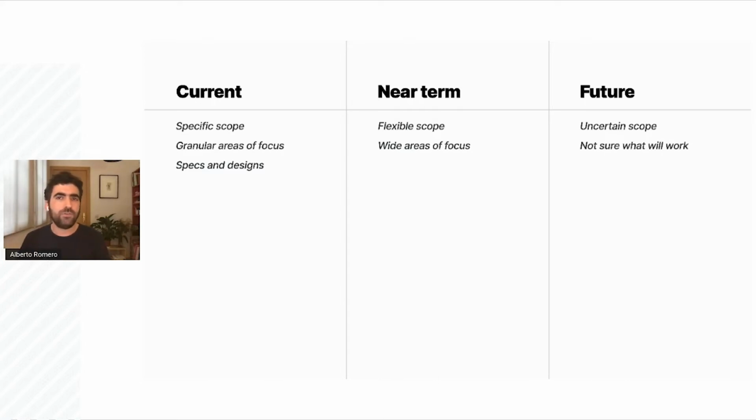The next one would be for the short term or the near term with larger areas of focus or things with more flexible outcome. And then we would have like a future bucket, things that we still haven't figured out. We're not even sure what will work or won't.